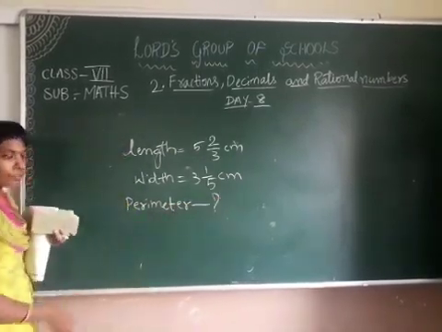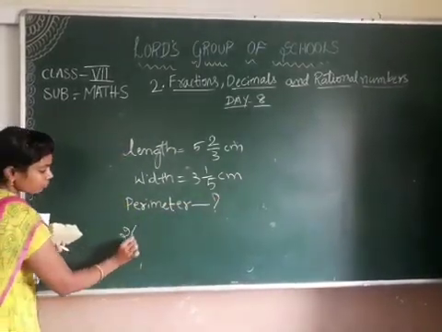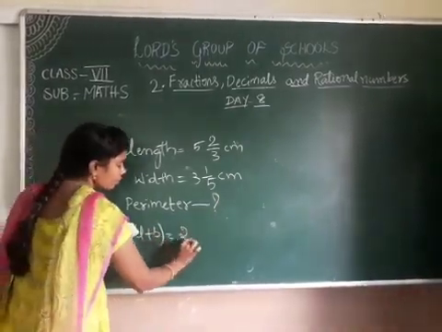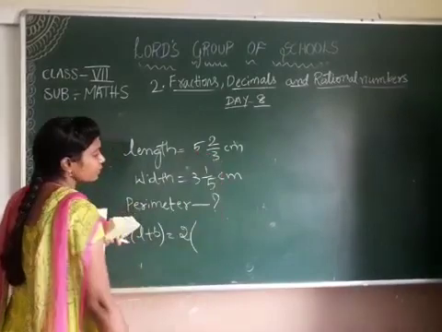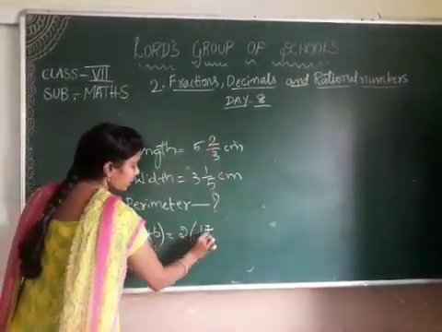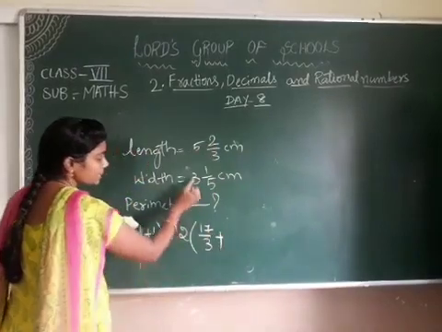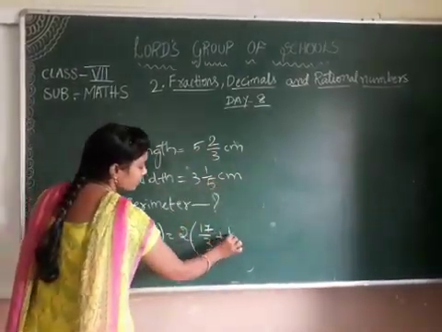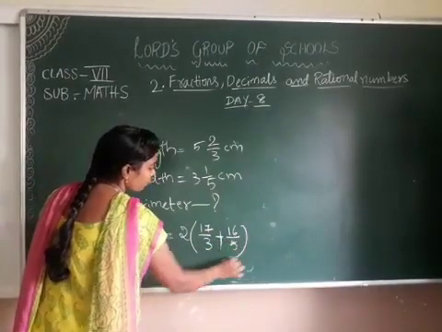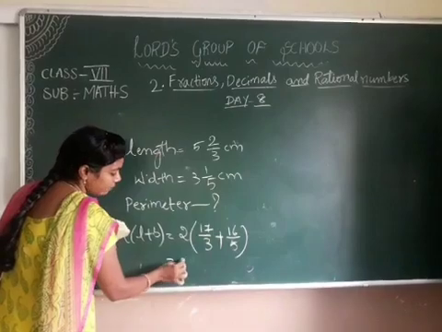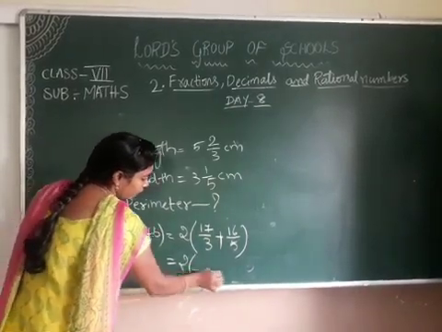So we will use the formula for this: 2 of (L plus B), which is 2 of length plus width. First we will convert. 5 3s are 15, plus 2, 17 by 3. Plus 3 5s are 15 plus 1, 16 by 5. Here we should take the LCM and convert to like fractions.